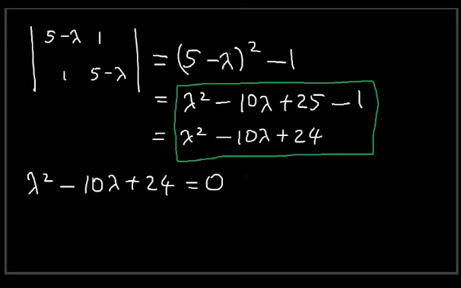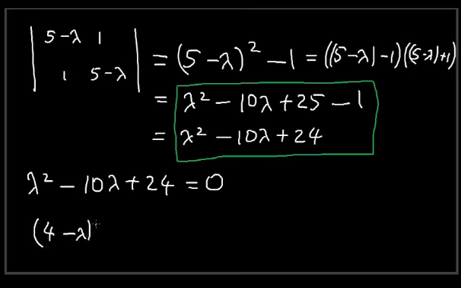It is much better, in the particular case of the expression being of this form, to decompose it as 5 minus lambda minus 1 times 5 minus lambda plus 1. Then the auxiliary equation becomes 4 minus lambda times 6 minus lambda equals 0. So we have it written in such a form that the solution is immediate.